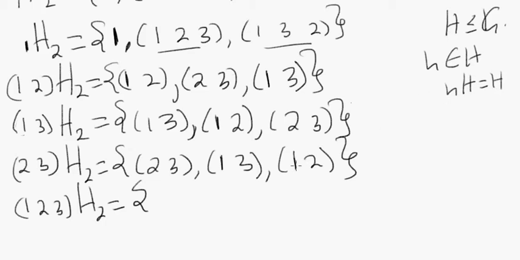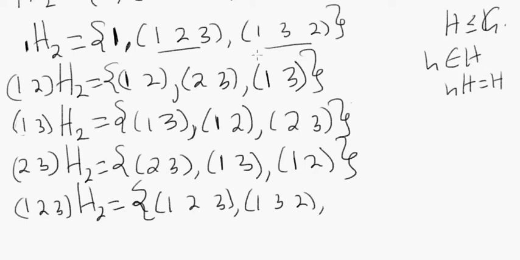That's what we said. Well, we just picked (1 2 3) element of H2, so (1 2 3) times H2 should give us H2, but we never actually saw that that is true. So let's verify. Let's observe that indeed (1 2 3) times H2 gives us H2. Well, (1 2 3) times 1 is just (1 2 3). Okay. (1 2 3) times (1 2 3), we saw before that that just gives us (1 3 2).